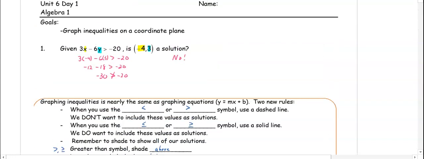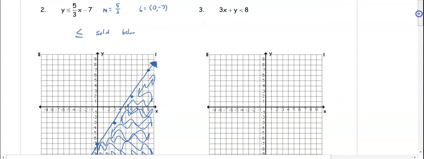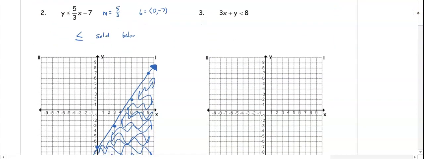In number 3, the equation is not with the y by itself yet, so we need to move over the 3x. So we're going to subtract 3x from both sides. y is less than negative 3x plus 8. So our slope is going to be negative 3, which we can write as negative 3 over 1.